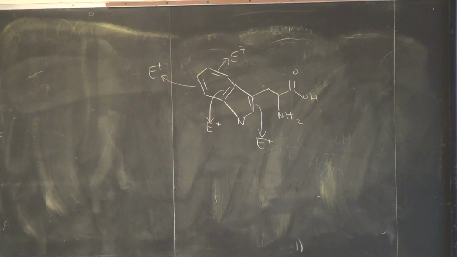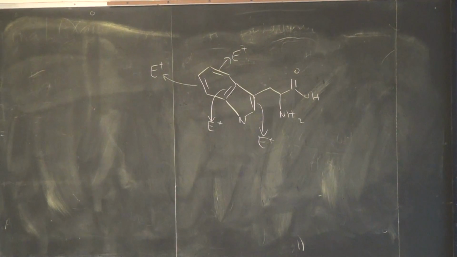For example, this should be the ortho-para. You could do it from this pi bond or that pi bond, where you would get the stable tertiary carbocation intermediate.